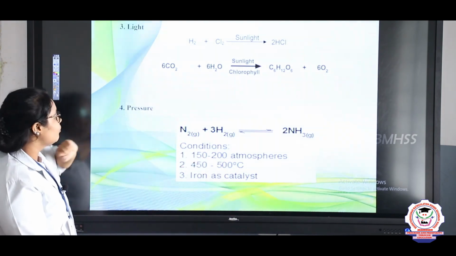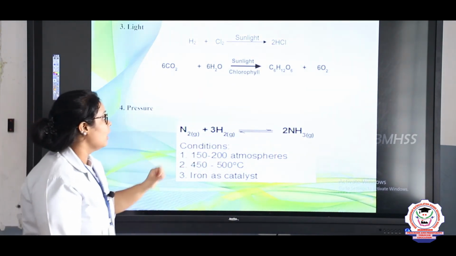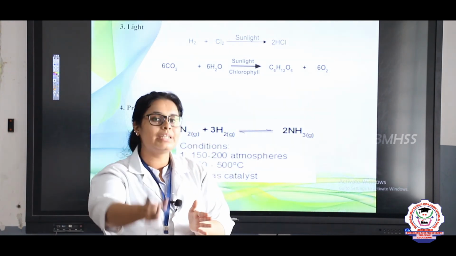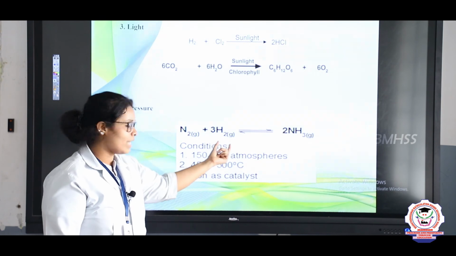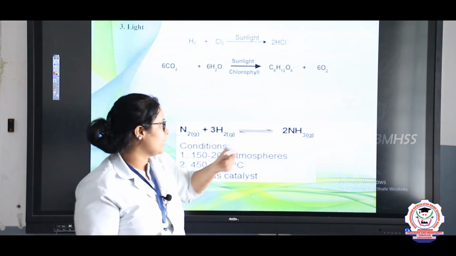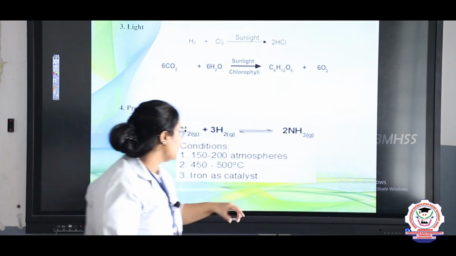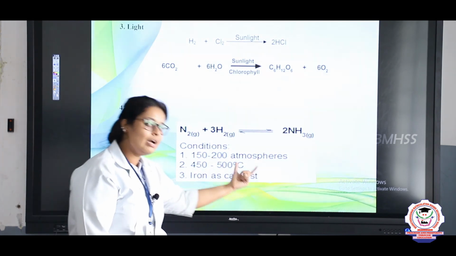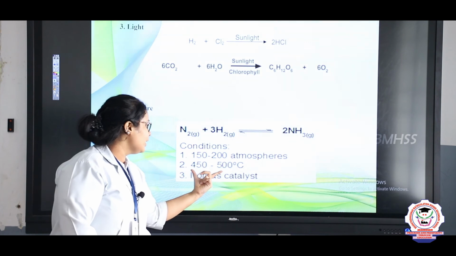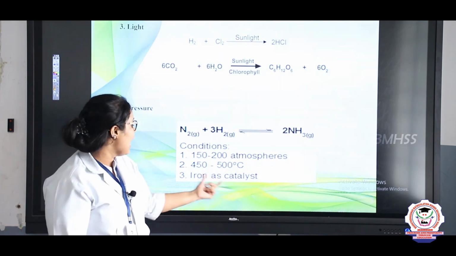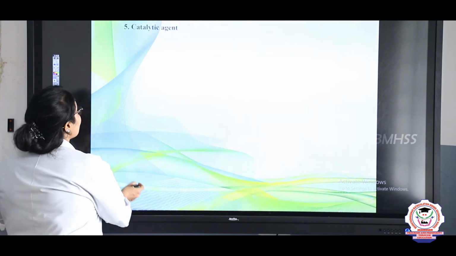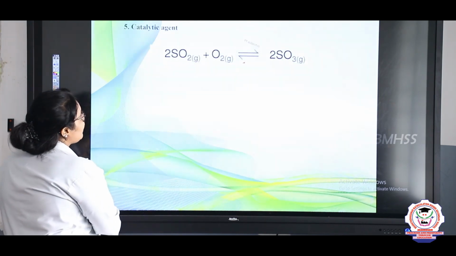In the same way, fourth is pressure. At a particular pressure only, some reactions will take place. So N2 and H2 combine together to give ammonia at a particular pressure, that is 150 to 200 atmosphere. Temperature will be 450 to 500 and the catalyst should be iron, right? And the last one is catalyst.